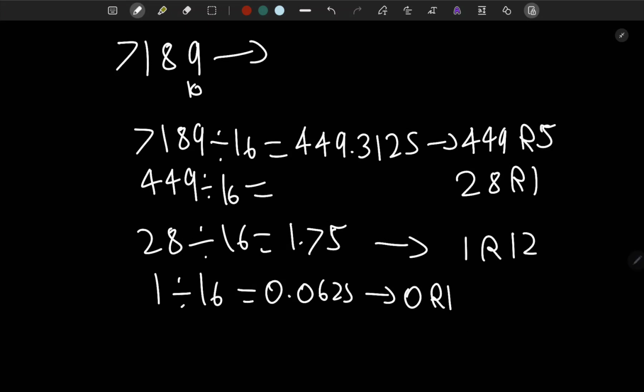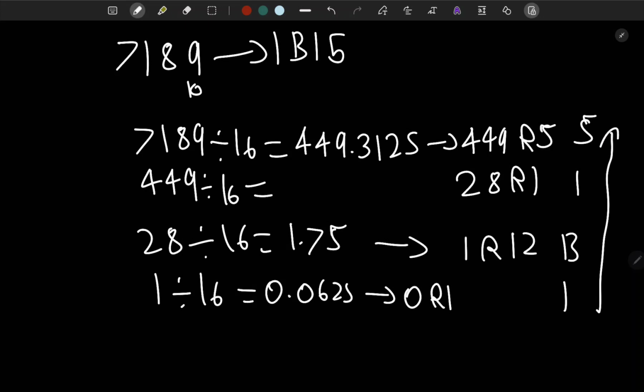And now we go up, so it's gonna be 1, 12 is B, this is just gonna be 1, and this is gonna be 5. So 1B15, and going up here. Oh, I made a mistake here.